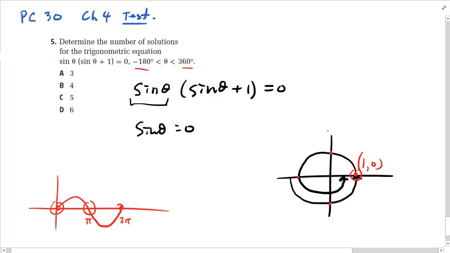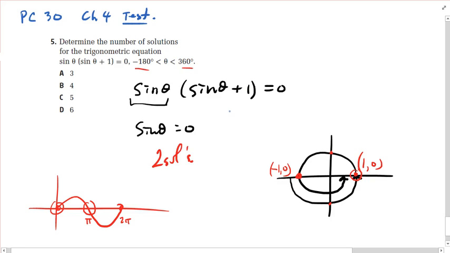Let's just see if that's true. Negative 1, 0 is the coordinate here. Yep, sine is 0 again. So it looks like we've got 0 and 180 because we're not including negative 180 and we're not including positive 360. So we've got two solutions here for this one. Don't have to identify them, just gotta look at the solutions.